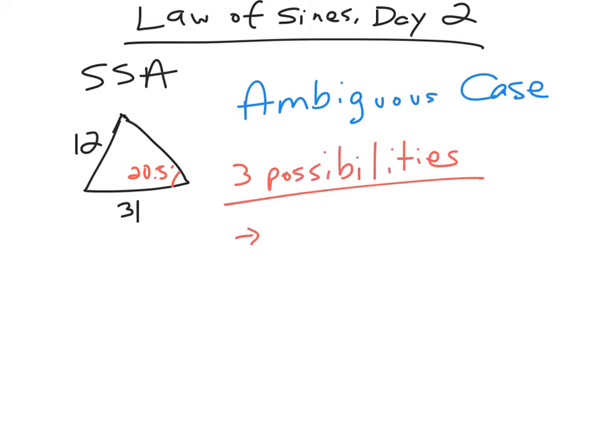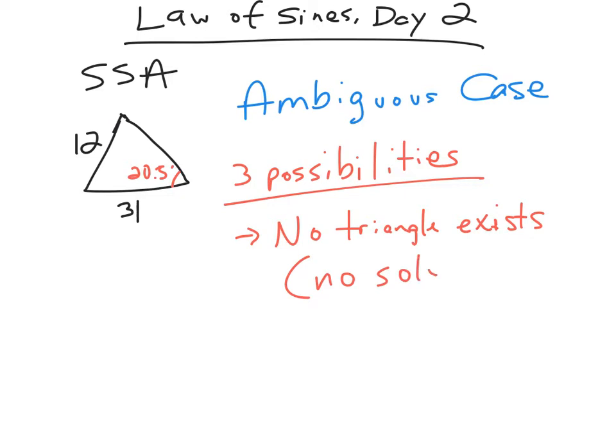Possibility number one is that there is no triangle. No triangle exists. That's the best one, because that means there's not very much work to do, and there is simply no solution.